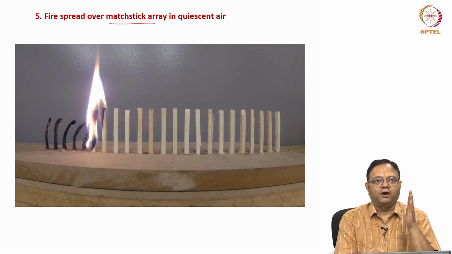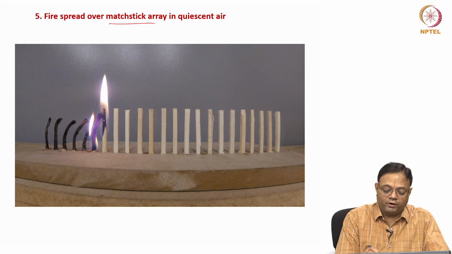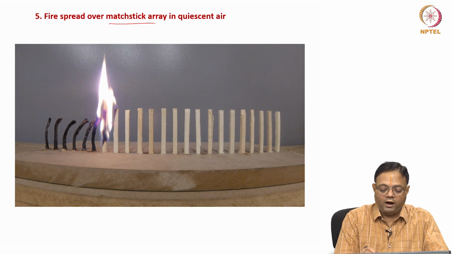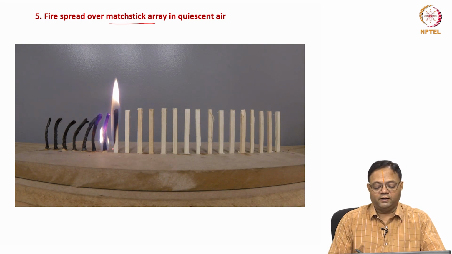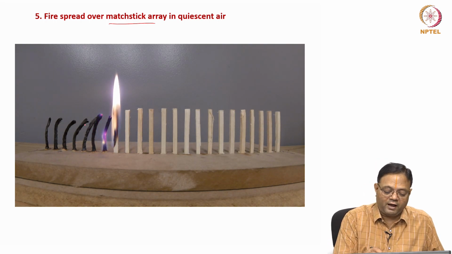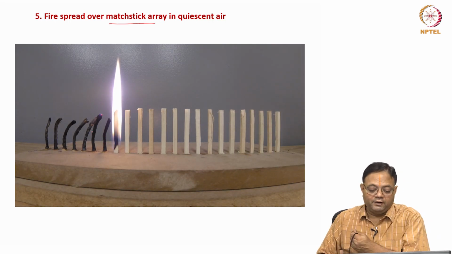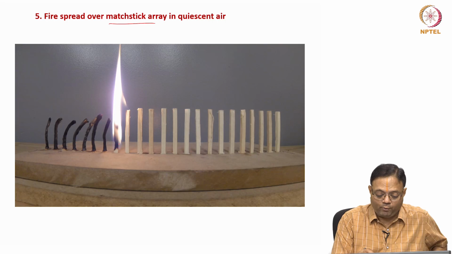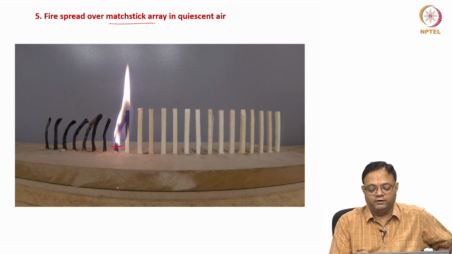The structure of the thing is not actually very erect, it bends, and now we can see that the sixth matchstick has ignited the seventh one and it is charring now, and now you can see that after spreading to more than half only, it is igniting the next one. Previously, as it came to about halfway down, it was able to ignite the next one. Now you can see that after about 80% spreading in one, then the next one was ignited.